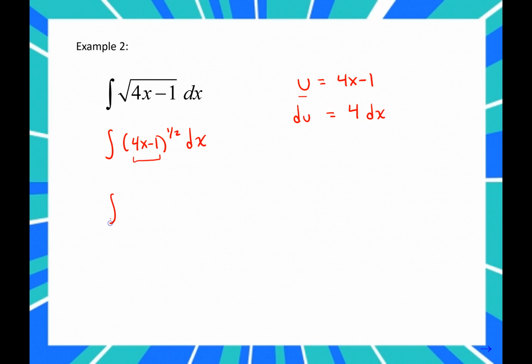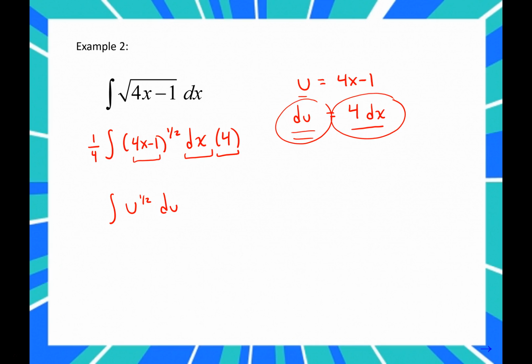So this is going to be the integral of u to the 1/2. Now, I need to have a du here, but unfortunately I only have a dx. I want a 4 dx. Well, that's fine. I can put a 4 here, but that changes the problem, so I'd have to put a 1/4 out in front. So this right here is now 4 dx, so this is going to change to a du, because I do have a match. 4 dx is a du.